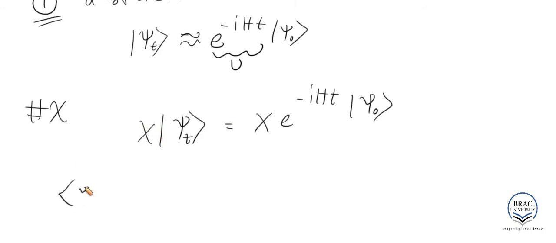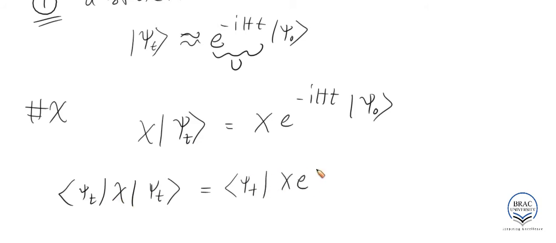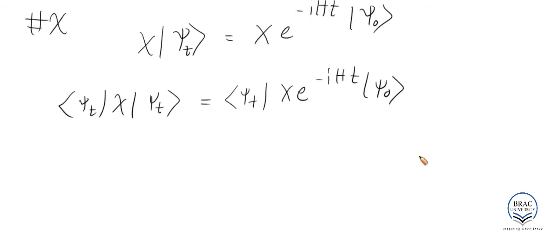So if you want to find the expectation value, that is, you want to take a number, you have to write it like this, and if you do that, you will have psi of t x e to the power i H t psi of 0, right? But here you can decompose this thing in terms of psi 0.